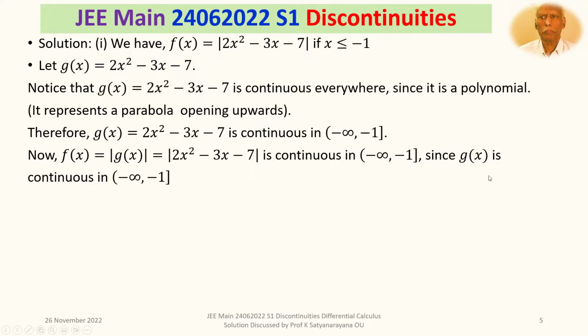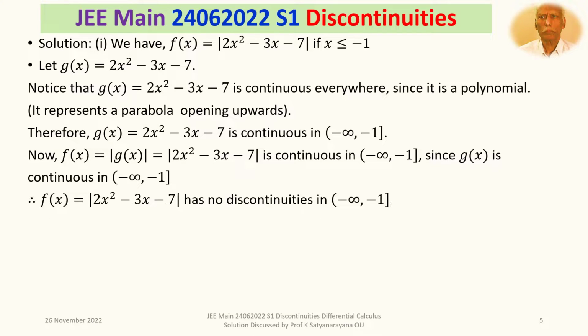Why? Because g of x is continuous. When g of x is continuous, mod of g of x is also a continuous function. This is also a result we know. So therefore f of x is equal to mod of 2x square minus 3x minus 7 has no discontinuities in minus infinity to minus 1 because it is continuous in this.